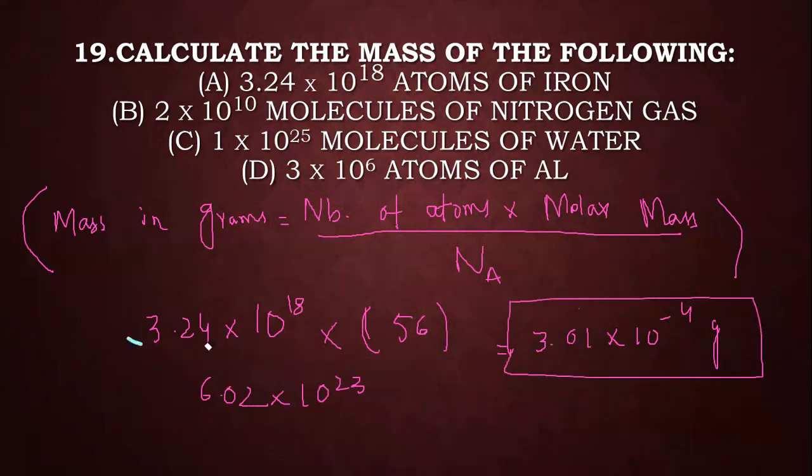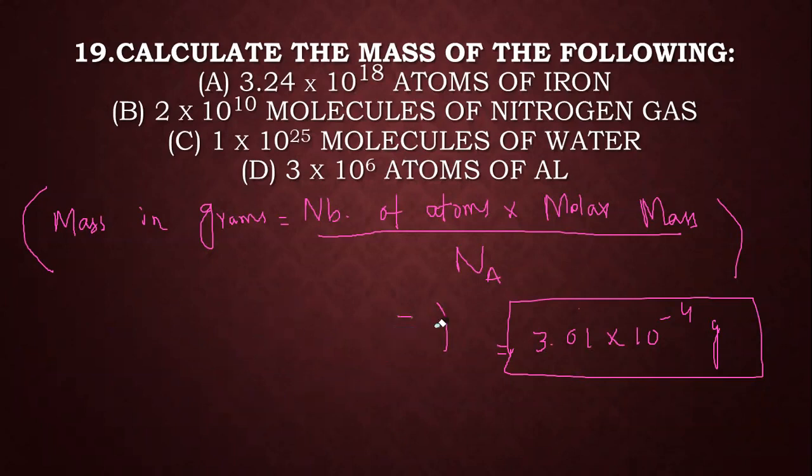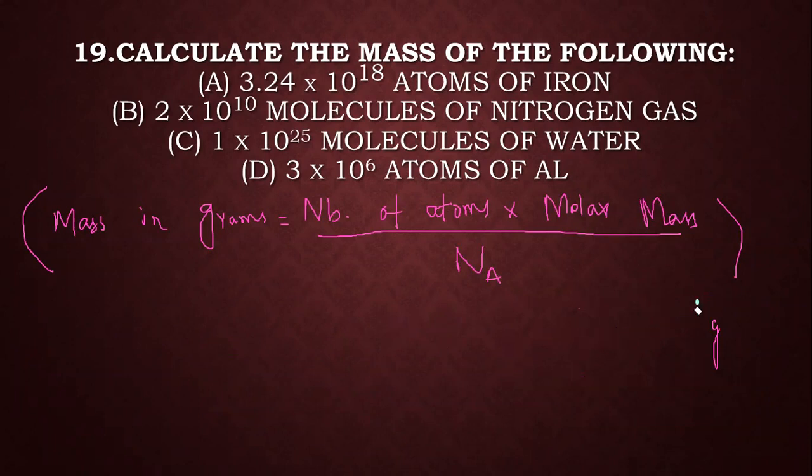Now in the second part, we have to find the mass of 2 into 10 raised to the power 10 moles of nitrogen gas. In part B, the number is 2 into 10 raised to the power 10.